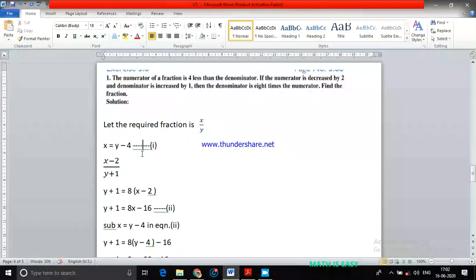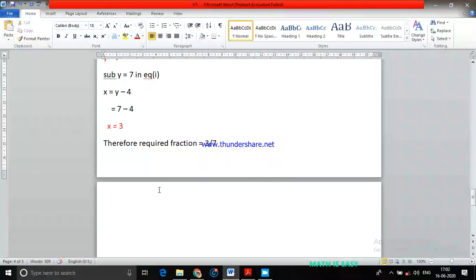Then according to the given question, I have to make the equations. The first condition is the numerator of a fraction is 4 less than the denominator. So the numerator is x, which equals 4 less than, that means minus, the denominator. Now 2 is decreased from the numerator, 1 is increased in the denominator, then the denominator will be 8 times the numerator. Then you know how to solve it.